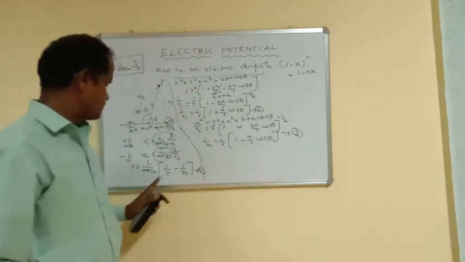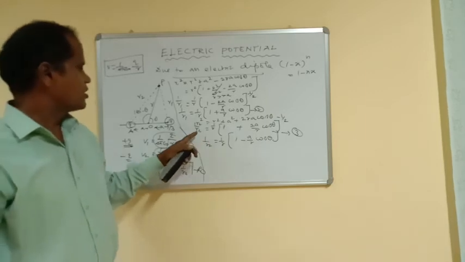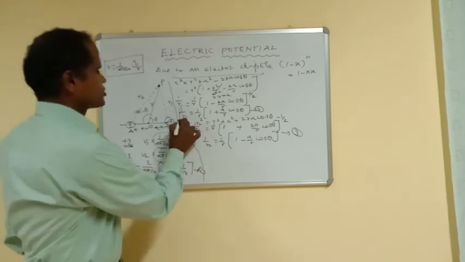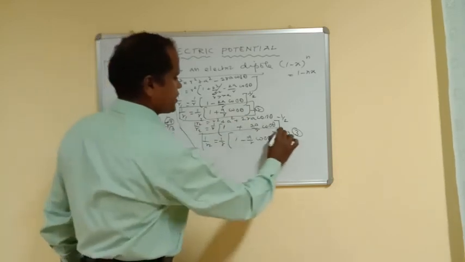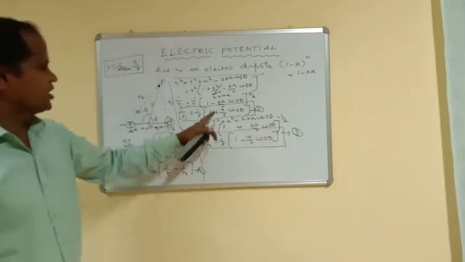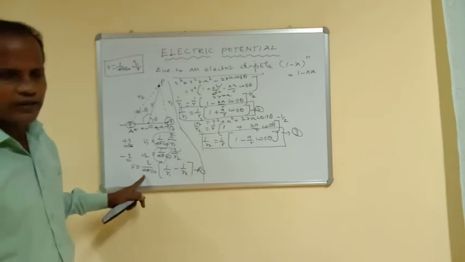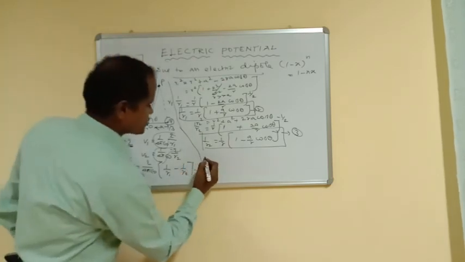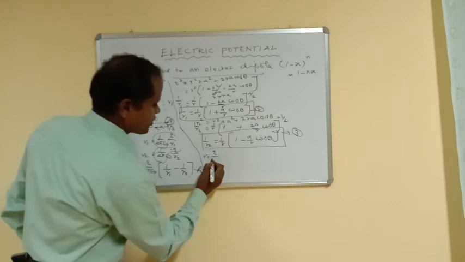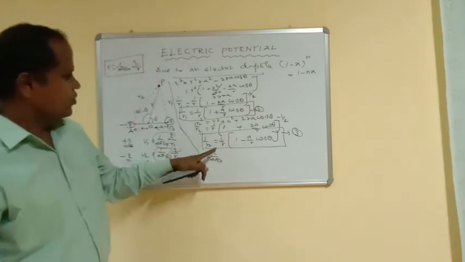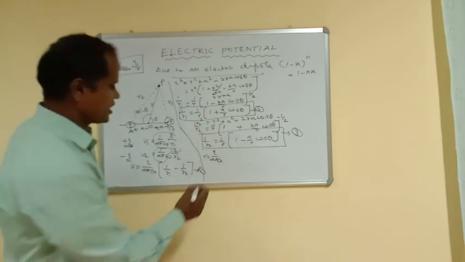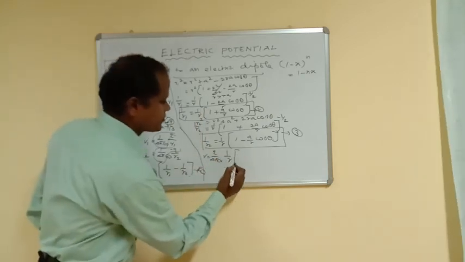So this is the 1 by R2 value, and already we have seen the 1 by R1 value. Now substitute both equations in equation number 1. We get V is equal to Q by 4 pi epsilon 0. Here 1 by R is common, so you can take 1 by R out.